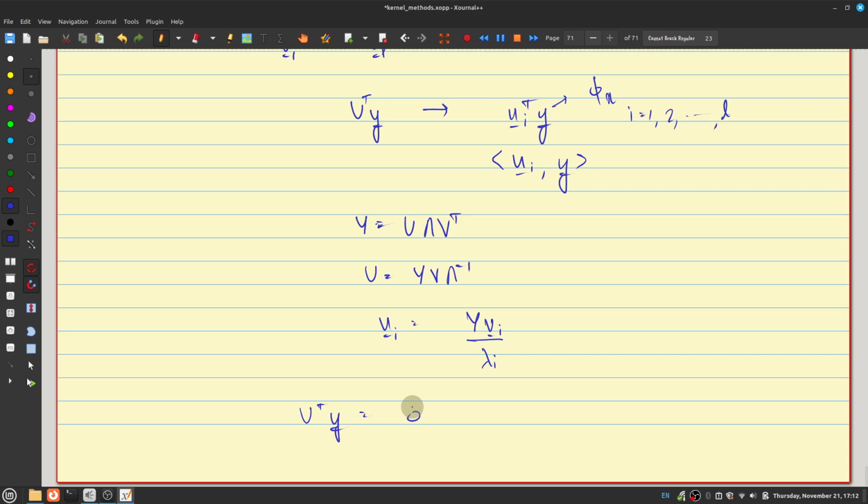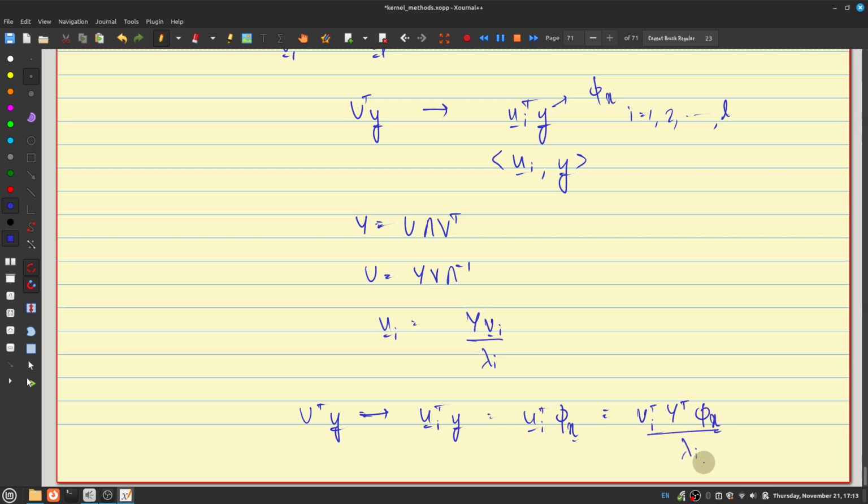To find this, I need to find ui transpose y, which is ui transpose phi x, which is nothing but vi transpose y transpose phi x divided by lambda i.